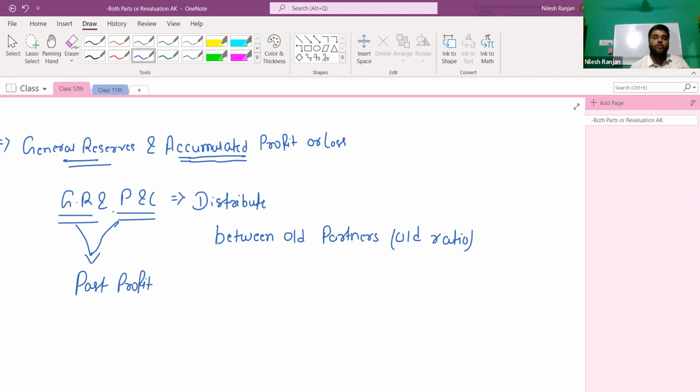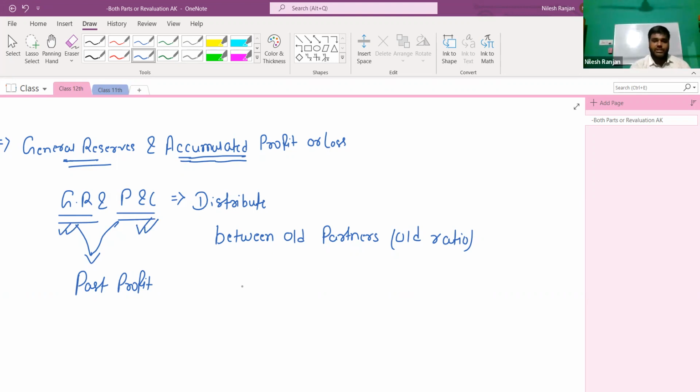After admission of a new partner, if there is profit or loss in any year, that profit or loss will be distributed in the new ratio. But all the old profits will be distributed in the old ratio. That's why we distribute the general reserve and profit and loss at the time of admission of a partner in the old ratio between old partners. Is that clear?